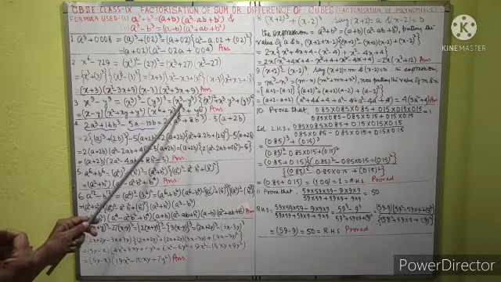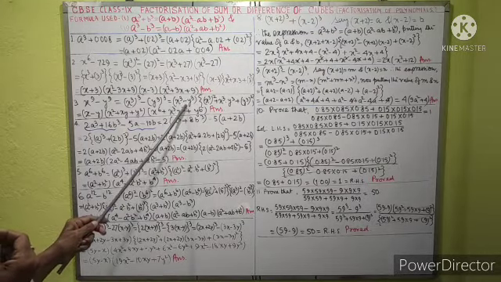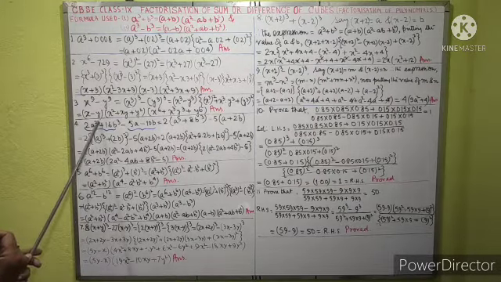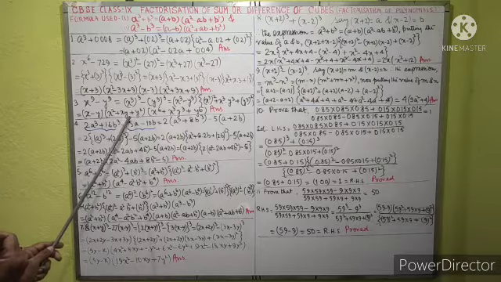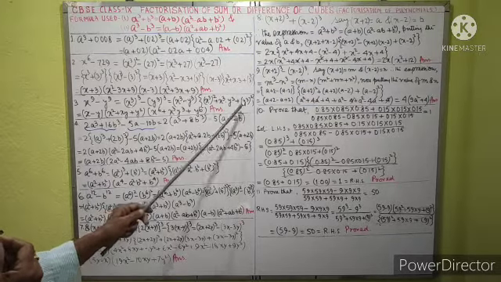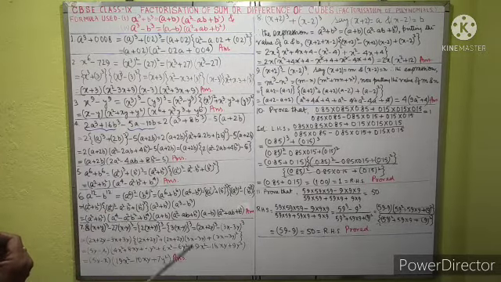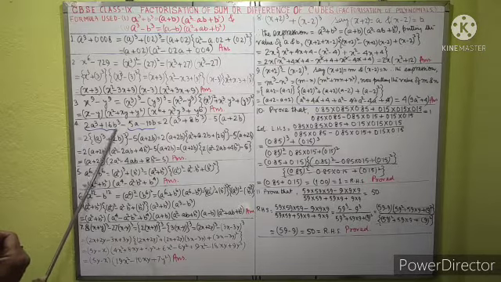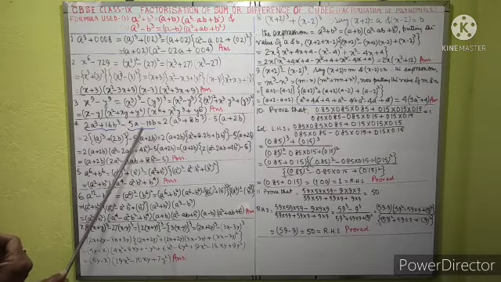By breaking down this x cube minus y cube with the formula a cube minus b cube, we will get (x minus y)(x square plus xy plus y square), and when this is calculated it will be x to the power 6 plus x cube y cube plus y to the power 6. This is the answer.